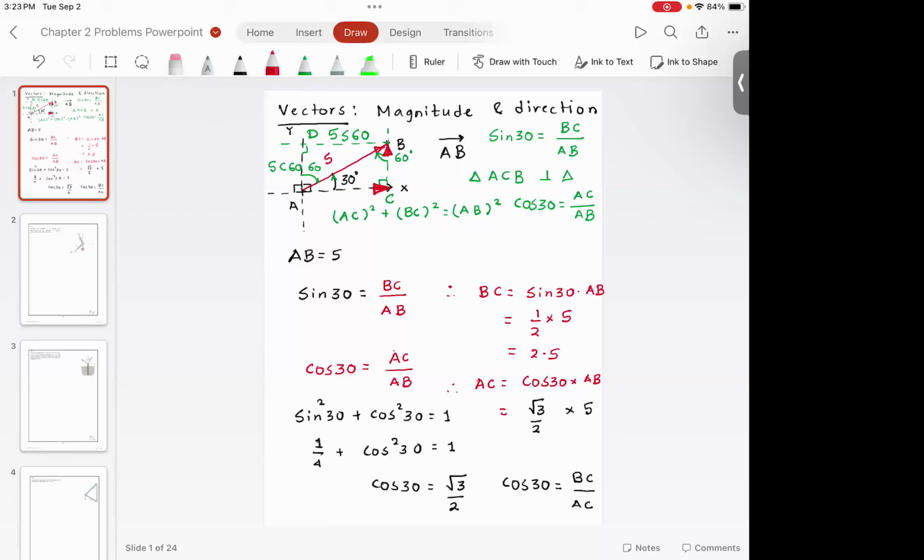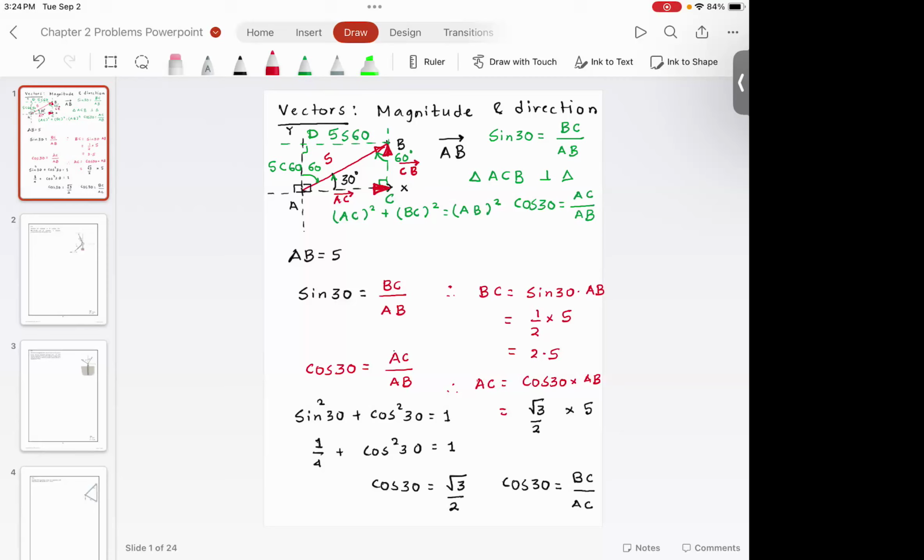CB is a component or a piece of AB. Essentially, these are the component vectors, and you need to follow this convention AC. Why AC with an arrow pointed towards C? You are starting from A, going towards C. Here, you are starting from C, going towards B.